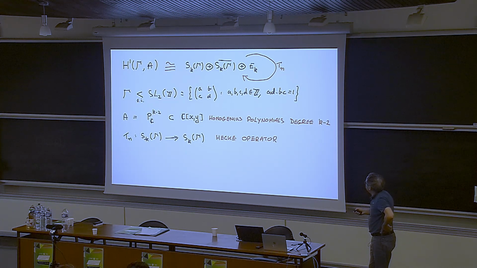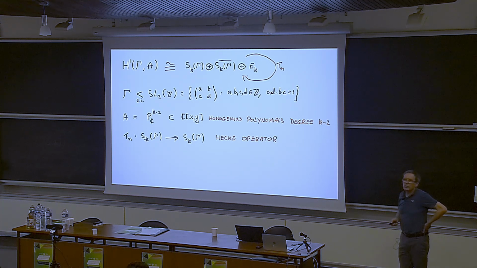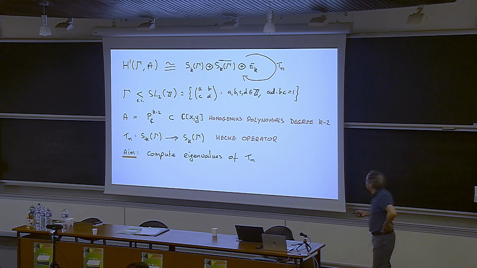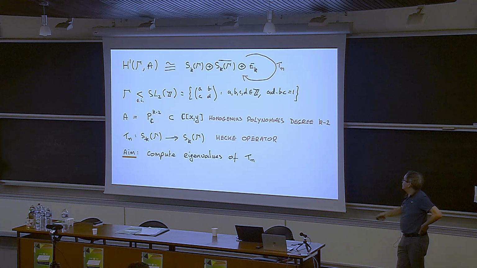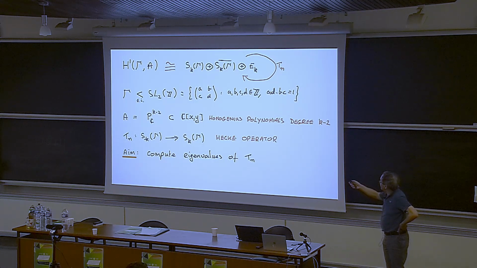And so people are interested in Hecke operators, or in particular, they're interested in eigenvalues of Hecke operators. So let me just explain how you might compute the eigenvalues of such a Hecke operator in this context, but in a way that, if you're not interested in SL2Z but in SL2 over a more complicated ring of integers, the ideas in principle carry over. In practice, there are things to do.